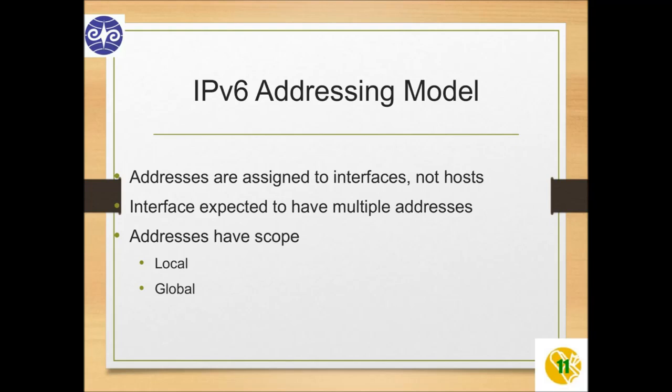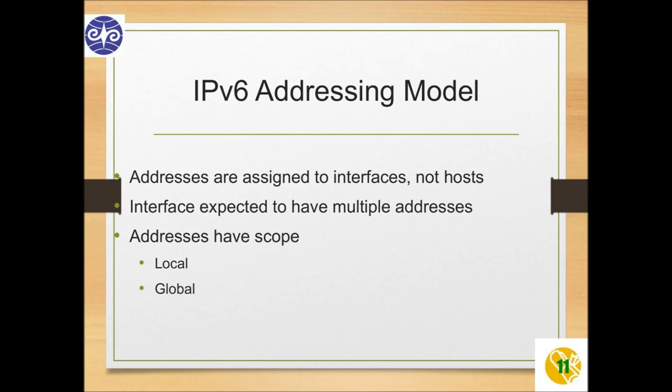So every packet which is received by the interface must contain a specific IP address. In this way there will be multiple addresses, or if there is more than one interface, more than one address will be deployed on those interfaces.